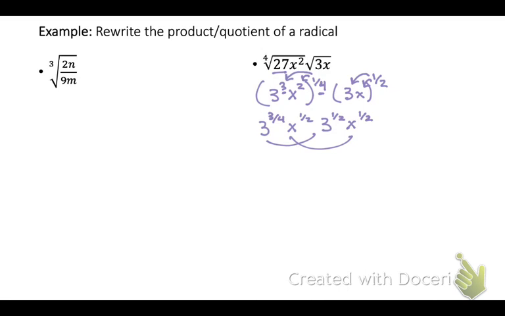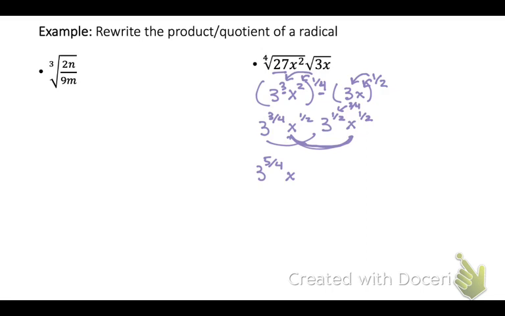So the half, what Olive is saying, is going to become 2/4. So 2 plus 3 is 5. Sorry. And then x to the what? Just x. Because x to the half times x to the half is.